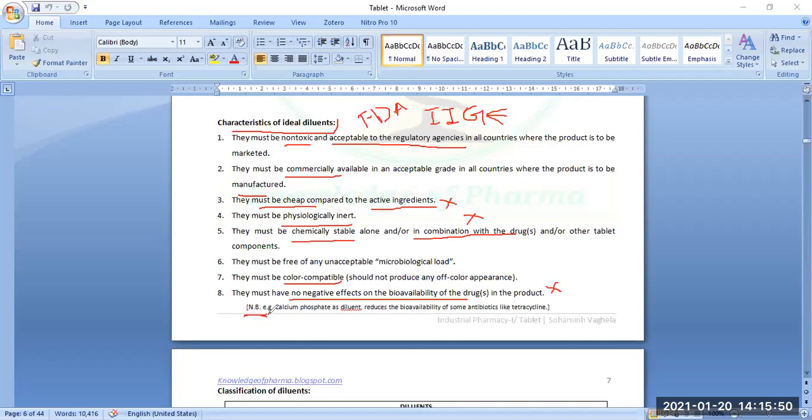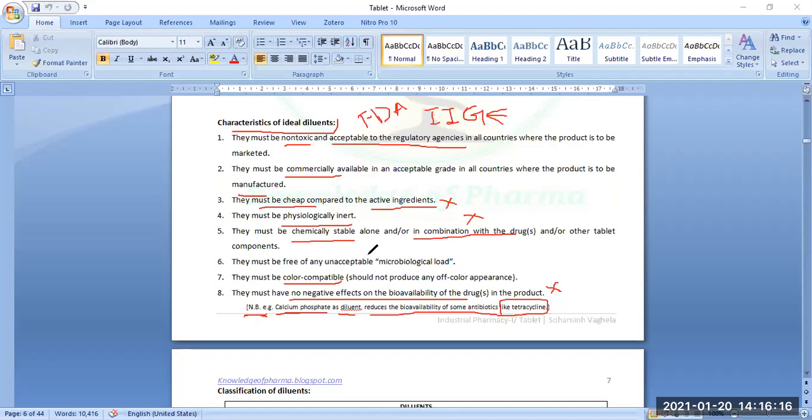For example, here an example is given. Calcium phosphate used as a diluent reduces the viability of some antibiotics like tetracycline. So why is this possible? Due to some interaction between tetracycline and our diluent calcium phosphate. That's why calcium phosphate reduces the viability of your drug. So that interaction you have to check while you are selecting diluent.